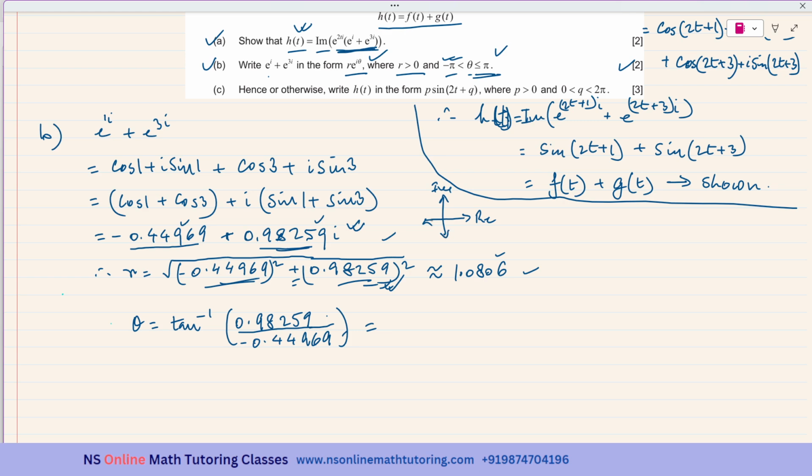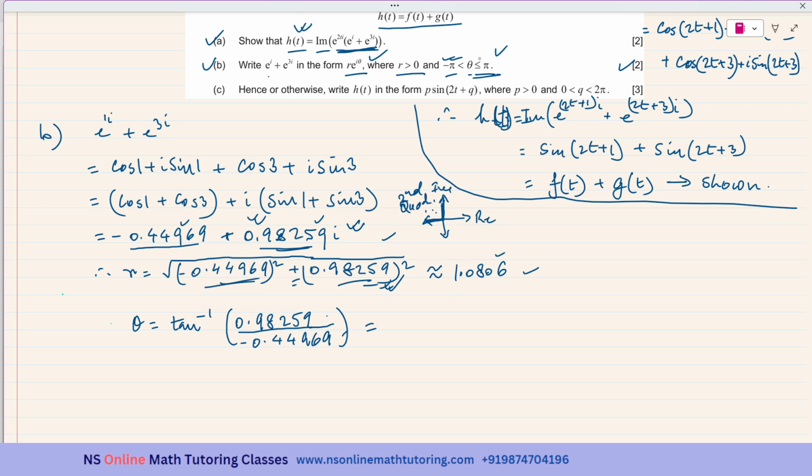Okay, so real numbers are negative on this side and imaginary numbers are positive on this side. So this number will be placed somewhere over here in the second quadrant. Okay, this you have to understand.